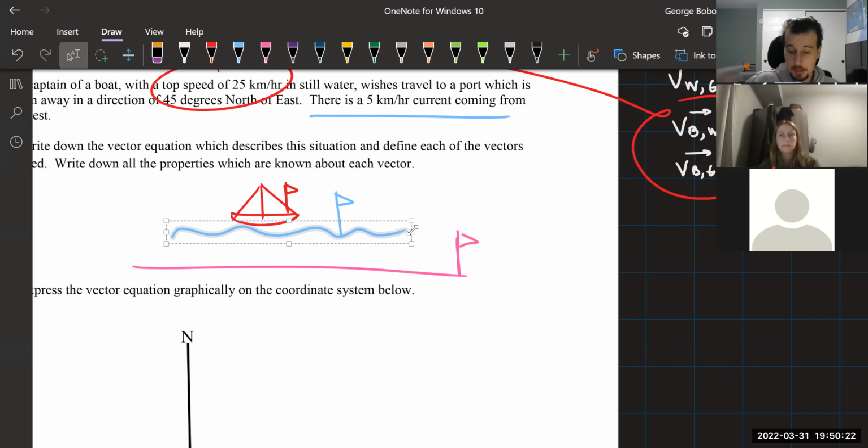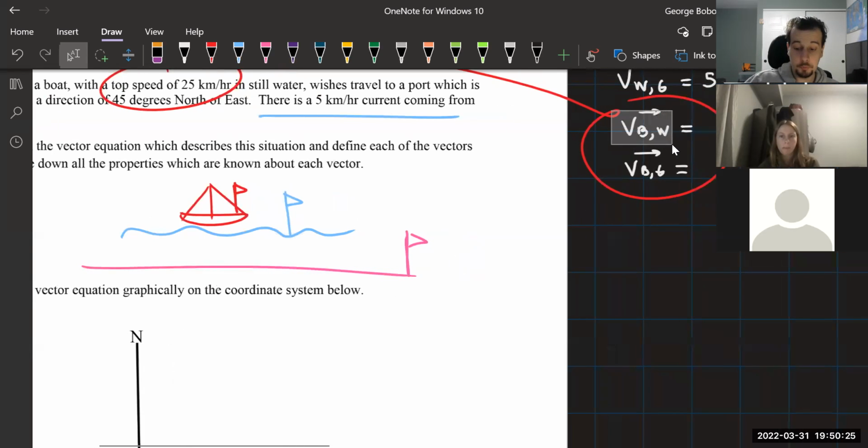When you ask, what is the velocity of the boat with respect to the water? By default, you assume that the water is not moving with respect to you. You're adopting a frame where you're moving with the water. Versus if you're asking about the ground, you're adopting a frame where the ground is not moving, for example.